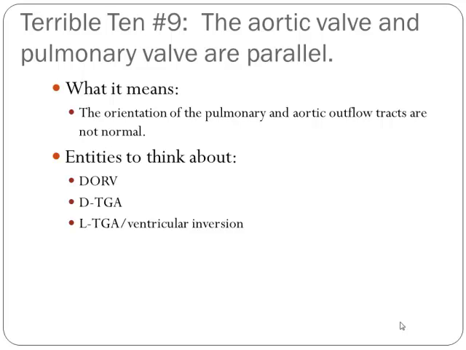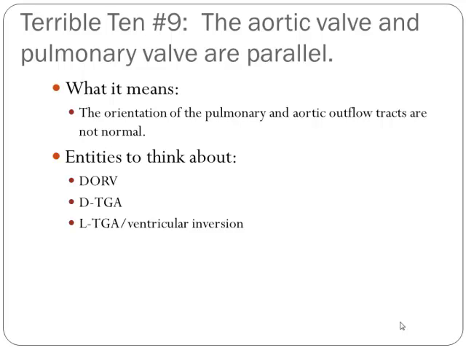The other entity that you're going to see most commonly in this situation is D-transposition of the great vessels, which is the typical transposition that everyone thinks of when they think of a cyanotic blue baby. And that's the situation where the aorta is coming off the right ventricle and the pulmonary artery is coming off the left ventricle.